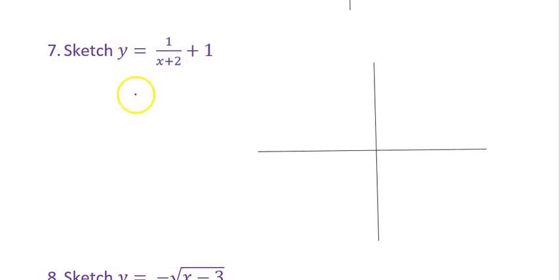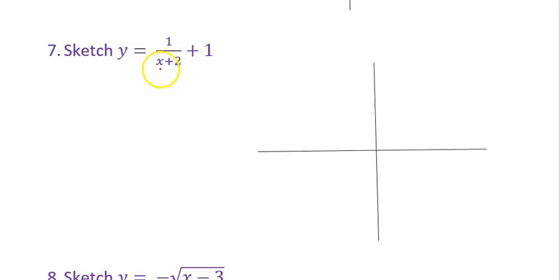Okay, number 7 is, again, one of your toolbox functions, but we have 2 changes. This is a 1 over x graph, but it's been moved. You'll know from your toolbox it's either 1 over x or 1 over x squared. Those are your only options, and since this x is not squared, you're stuck with the 1 over x. The inside is the denominator that's down there with the x.